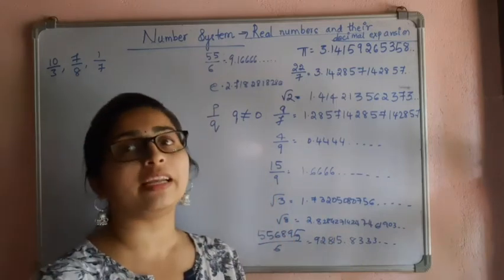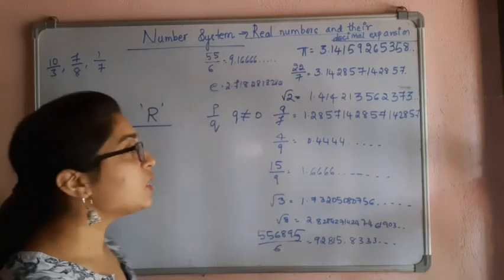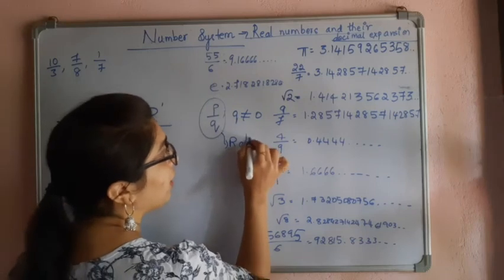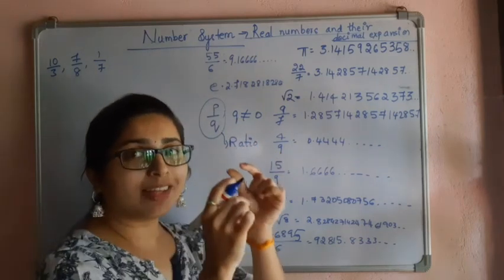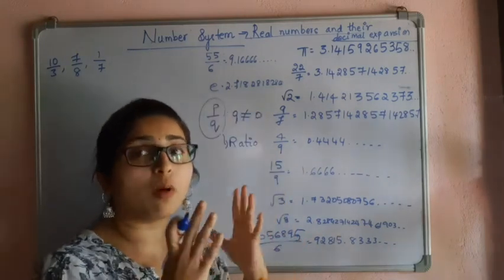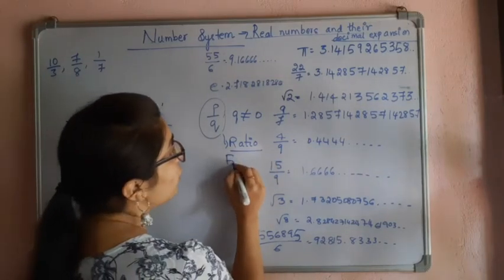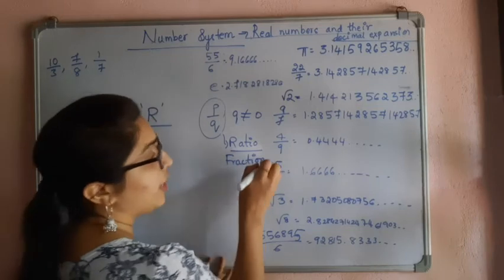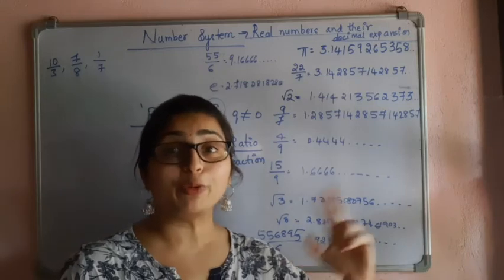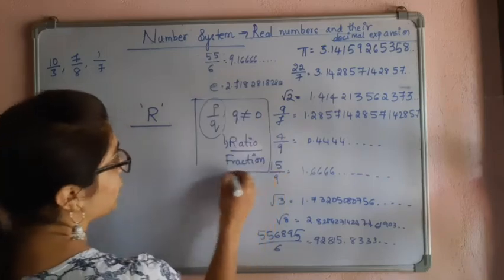Numbers which can be written in the form of a ratio are rational numbers. We can also call it a fraction. 2 by 3 is a fraction, 1 by 2 is a fraction. It is a ratio of two numbers, 1 and 2. So these are rational and irrational numbers.